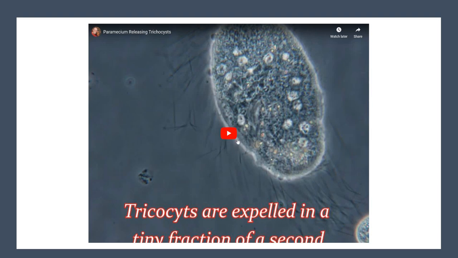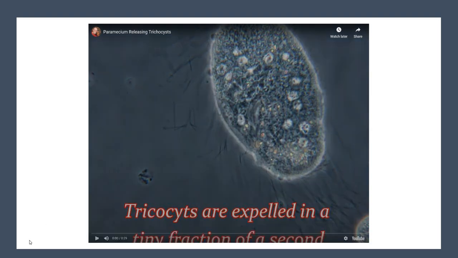It doesn't have the classic shape, but the creator of this video actually released something that's toxic to the paramecium. So what you're going to see is these hair-like things called trichocysts be released to protect itself.